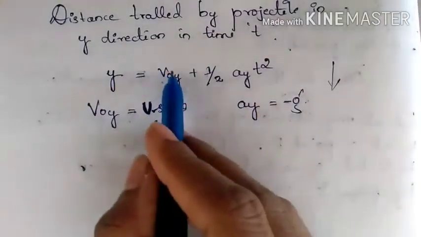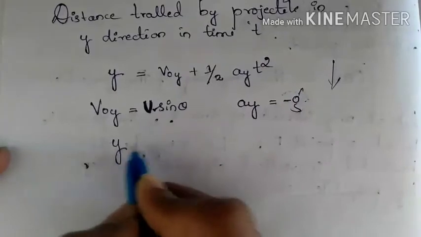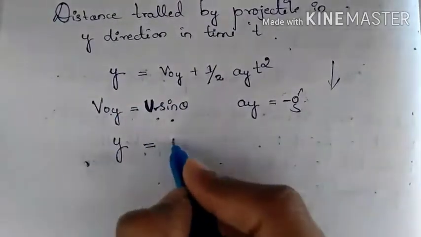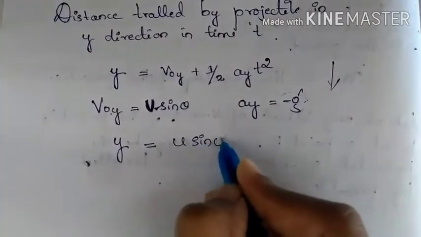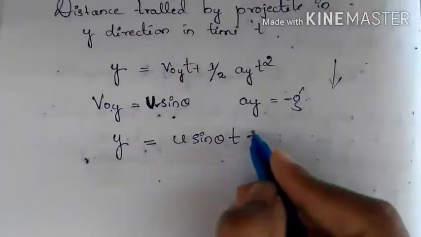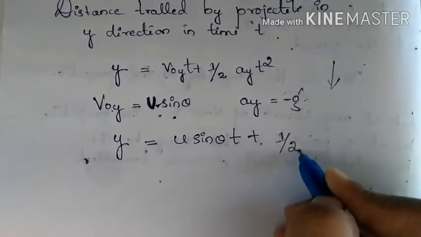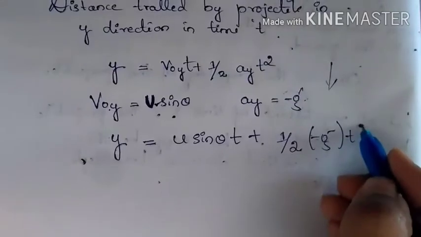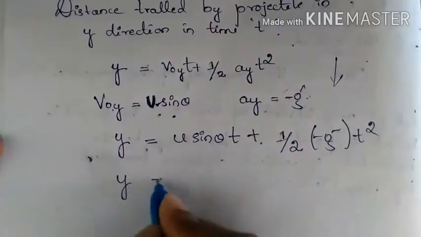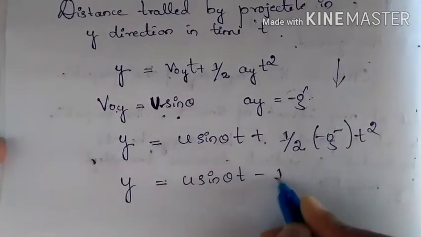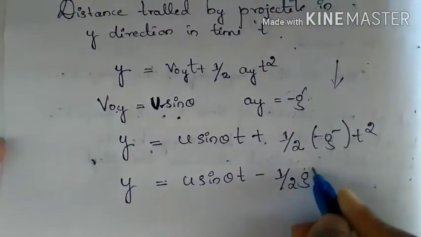Now if you substitute both these in the equation, then you get y is equal to v naught y, which is u sin theta, multiplied by t plus half, and we have minus g t square. So you can write y is equal to u sin theta t minus half g t square.